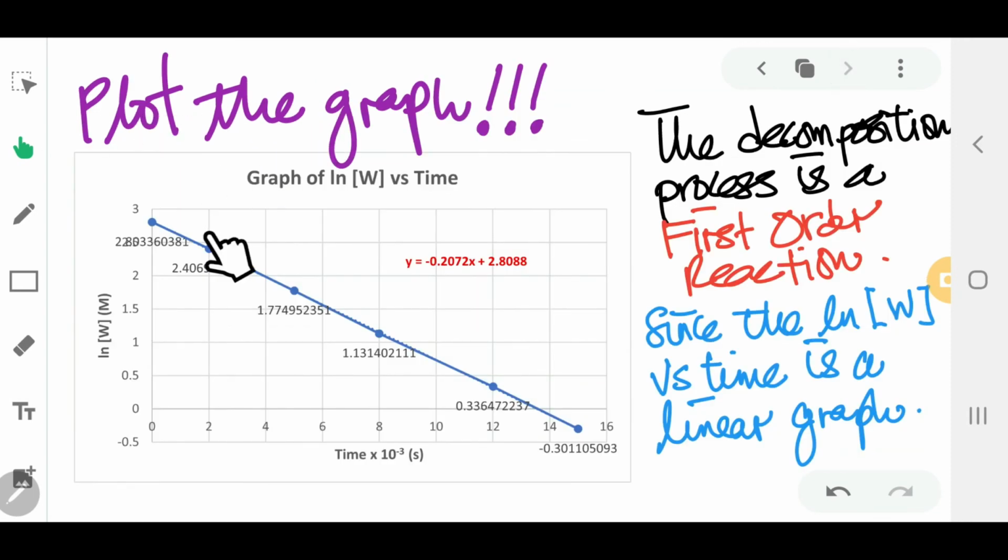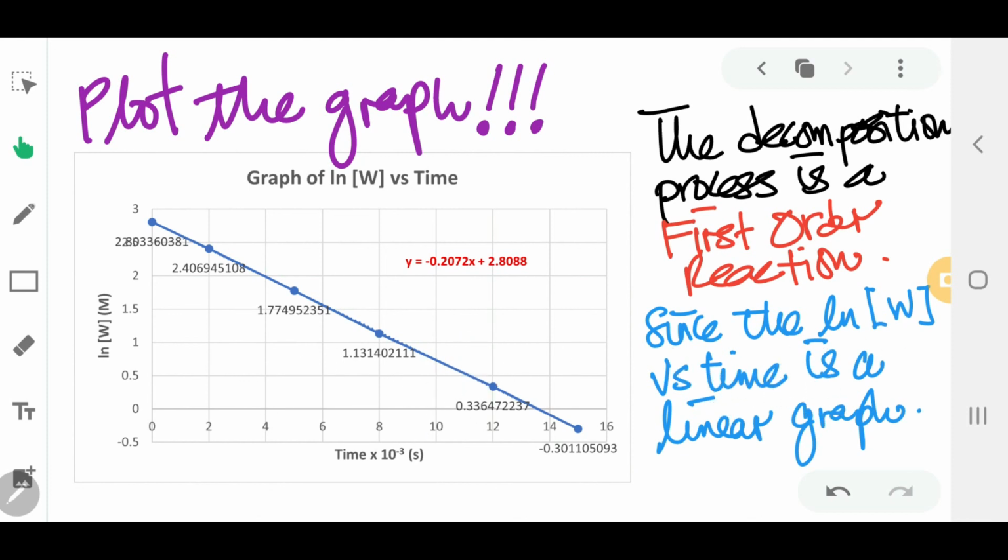When you plot the linear graph, you will get a straight line. Therefore, the decomposition process is a first order reaction, since the ln concentration of W versus time is a linear graph.